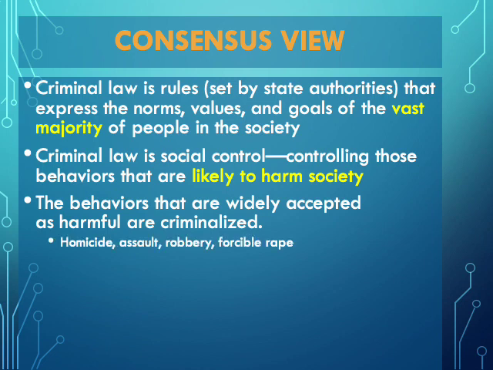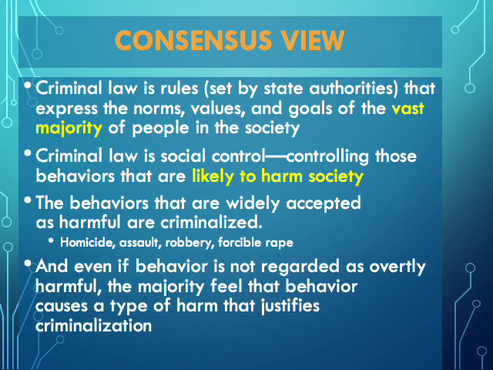In other words, the vast majority of people within a society agree that certain kinds of behaviors like murder and physical assault or any kind of assault, robbery, forcible rape, right? The vast majority of people view those as harmful behaviors that need to be controlled by society. And that's why they are criminalized.